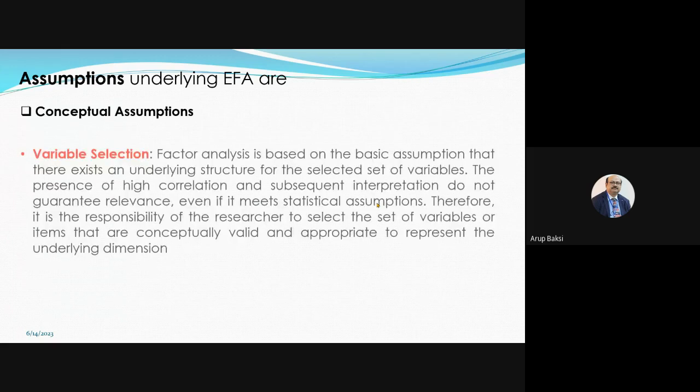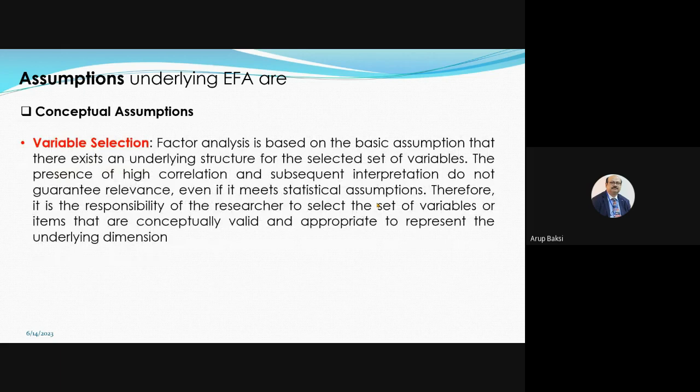Now the conceptual assumption. One of the basic issues in EFA is like this: when you are selecting the variables, the factor analysis is based on the basic assumption that there exists an underlying structure for the selected set of variables. But it has to be grounded very soundly on a theoretical basis.